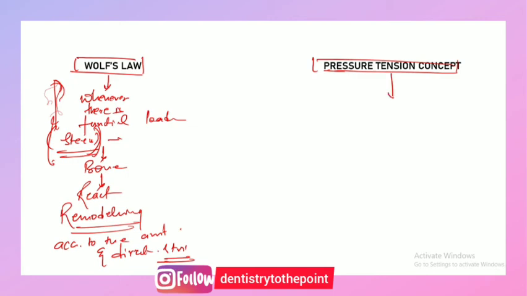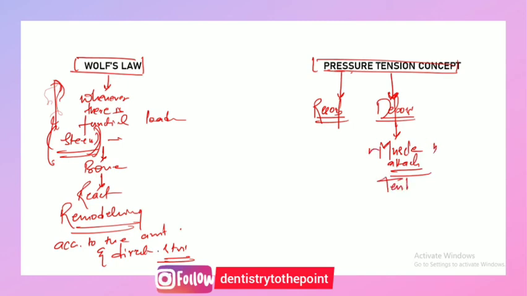Whereas the pressure tension concept says that wherever in the areas of bone you apply pressure, there is going to be resorption. Wherever there is tension, there is going to be deposition of bone. Tension in the sense like the places where you have muscle attachments or tendons.